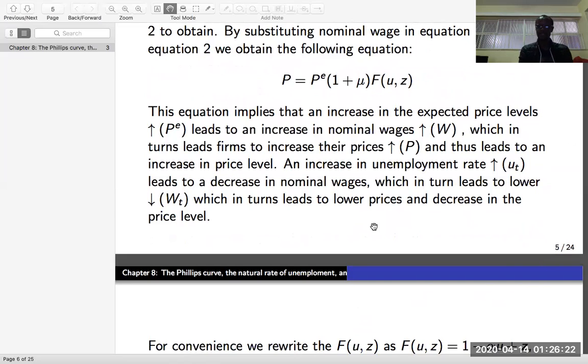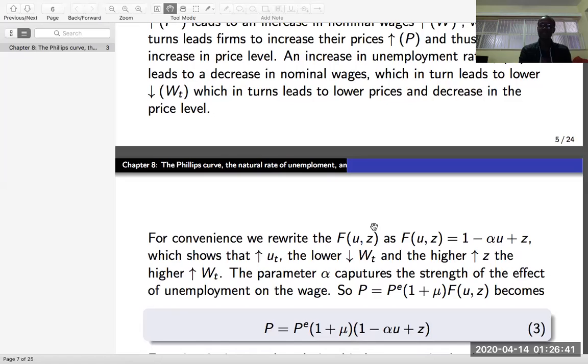Your bargaining power is decreasing, so you can't ask for a higher wage, which in turn will lead to a decrease in price level. So if nominal wages are decreasing in equation 1, prices should be decreasing. For convenience, as I said, we can rewrite such function as 1 minus alpha u plus z.